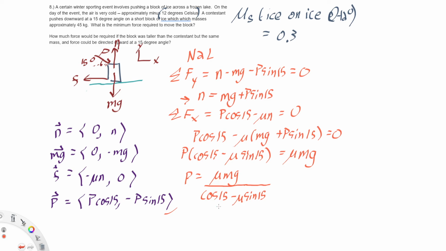So from here, it's just a plug and chug, and we get 151 newtons. Yeah, the maximum static frictional force, that's the amount of force you have to apply to get it started.